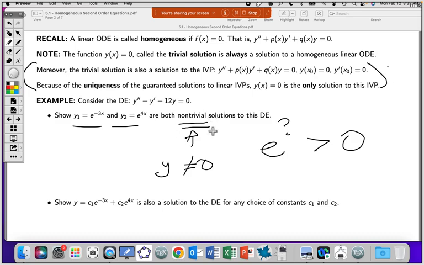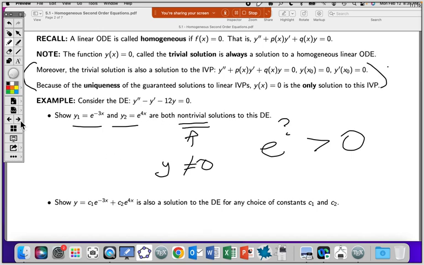Trivial means always 0. Non-trivial means at least sometimes not 0. These folks are just never 0. So we'll go through the y1 case, and then I'll leave the y2 case for you.